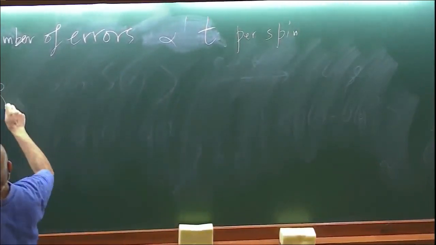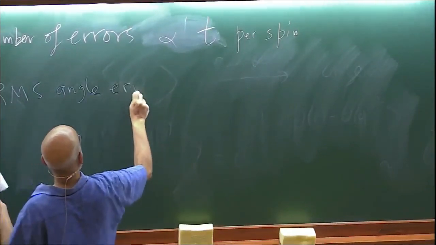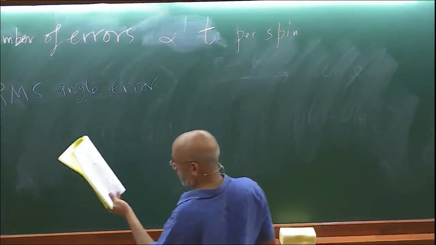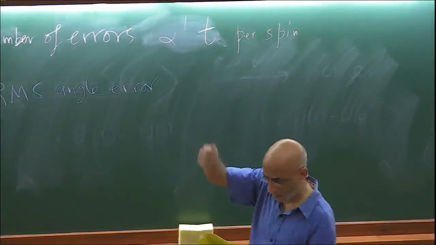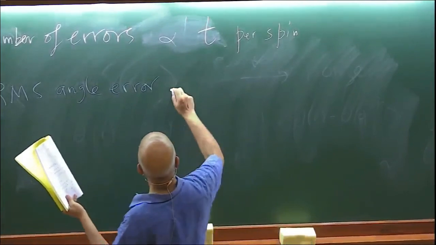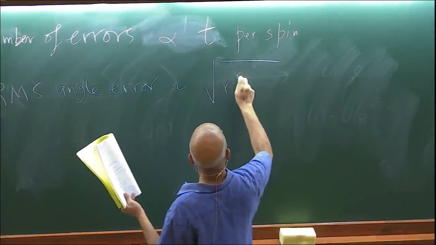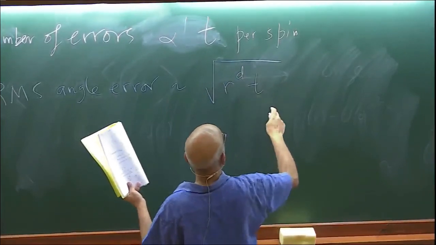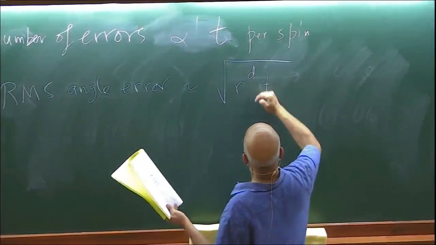So the RMS angle error, see if I can get this right. And you know, these errors are going to be plus theta naught minus theta, some amount like that, right? So the RMS angle error is going to be of order square root of r to the d times t, where r is t to the half. So let's write this as, or let's write t as r squared.